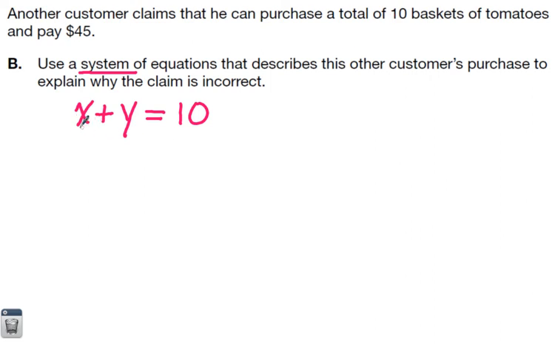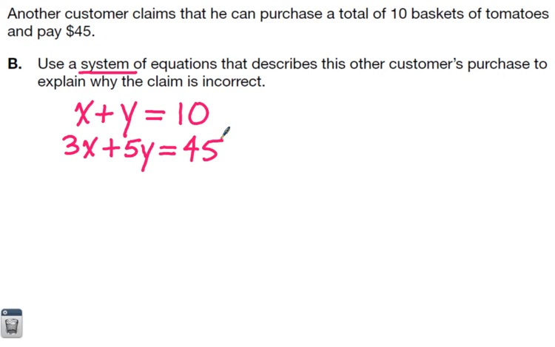So now the unknown number of small baskets plus the unknown number of large baskets is going to equal 10 baskets total. And the second equation is still $3 for every small basket, so we're going to do 3 times x, and it's still $5 for every large basket, so we're still going to do 5 times y, but now the total dollar amount spent is 45.